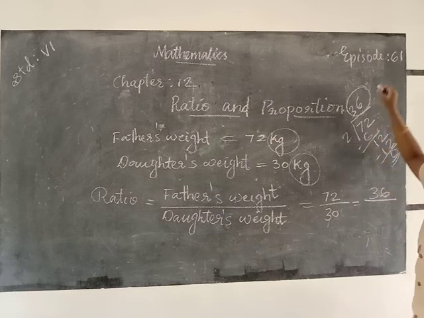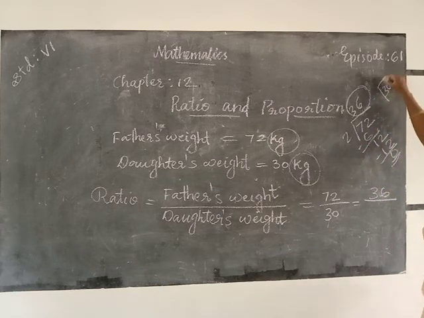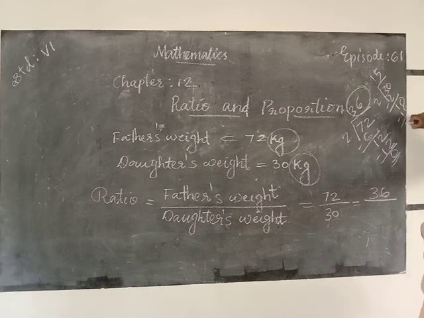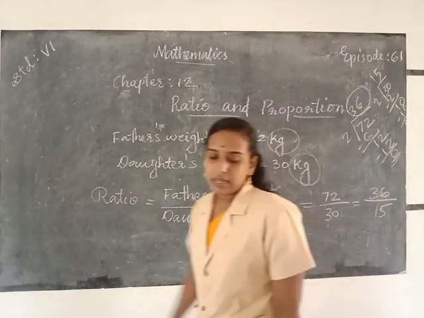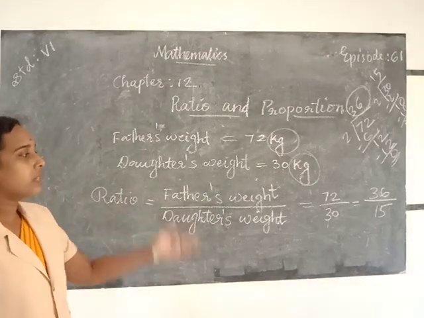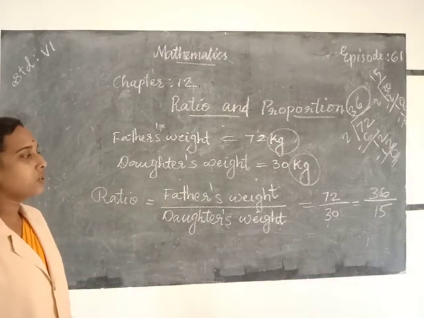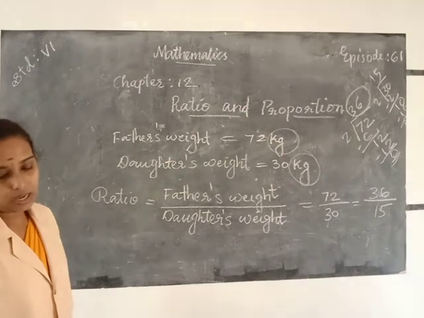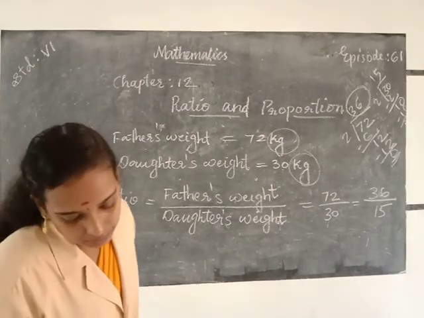And if we divide 30 by 2, we get 15. So 36 by 15. Here there is no common factor between 36 and 15. So the ratio is 36 is to 15. Okay, and another question.